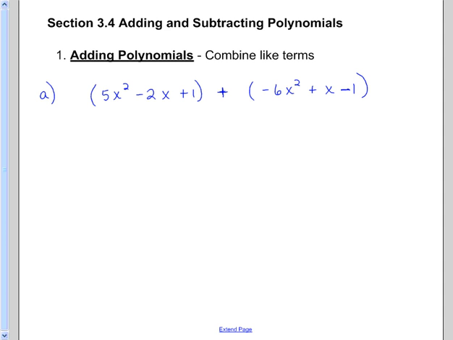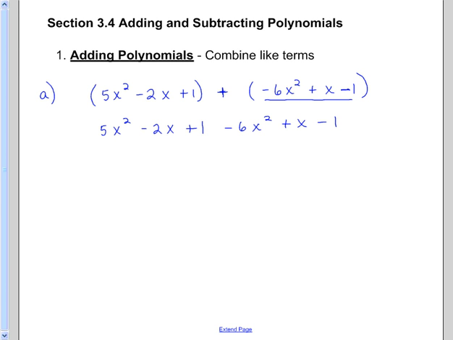If you are just adding, as we are here, you could drop the parentheses and just write 5x squared minus 2x plus 1 minus 6x squared plus x minus 1. Notice my signs in the second polynomial stayed exactly the same when I rewrote those. I just did not need to write the plus sign.